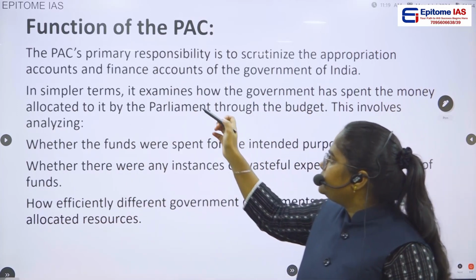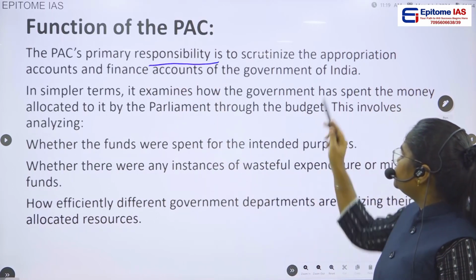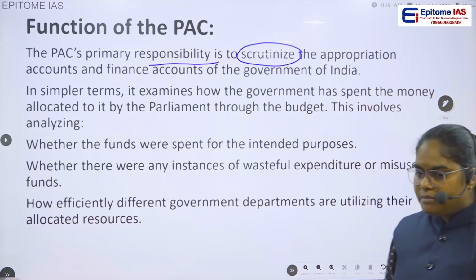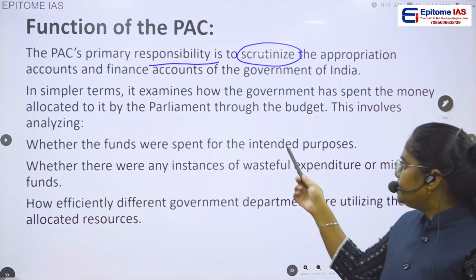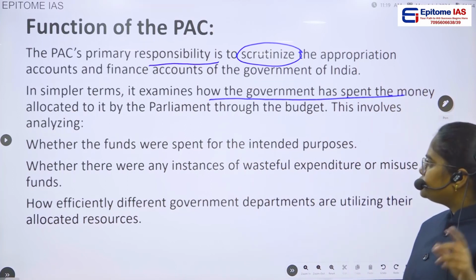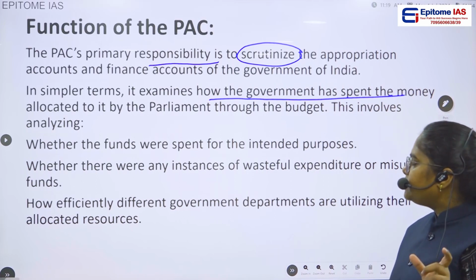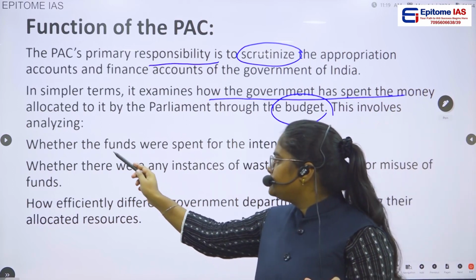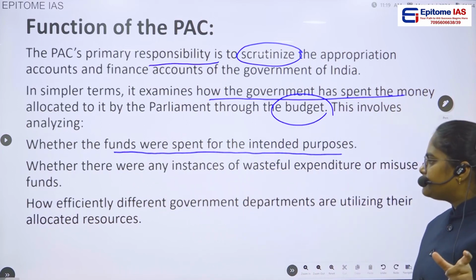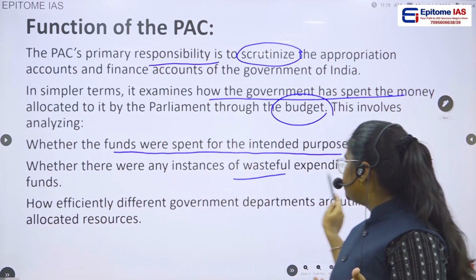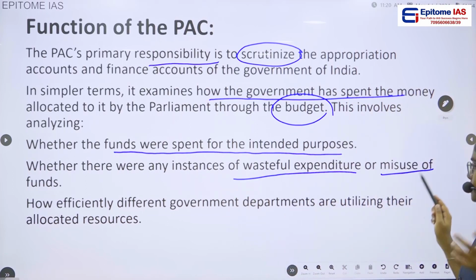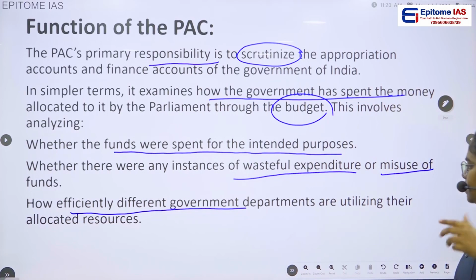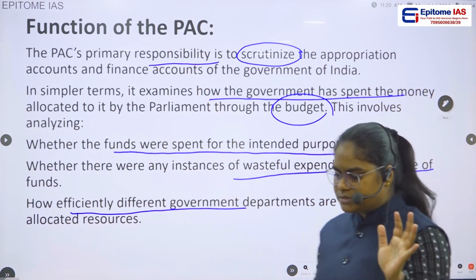So the Public Accounts Committee's primary responsibility is to scrutinize the appropriation account and the finance account of the government of India. In simpler terms, it examines how the government has spent the money allocated to it by the parliament through the budget. So this involves whether the funds were spent for the intended purpose, whether there were any instances of wasteful expenditure or misuse of funds, and how efficiently different government departments are utilizing their allocated resources.